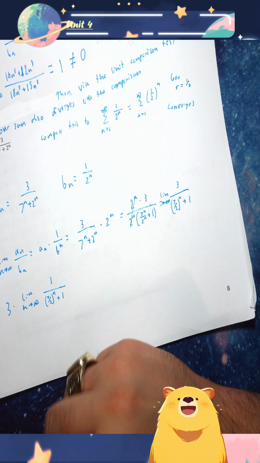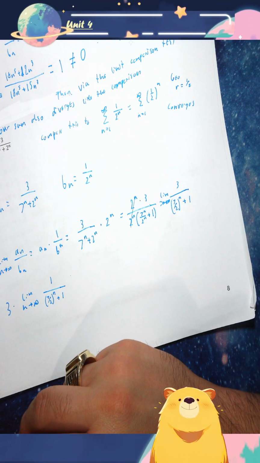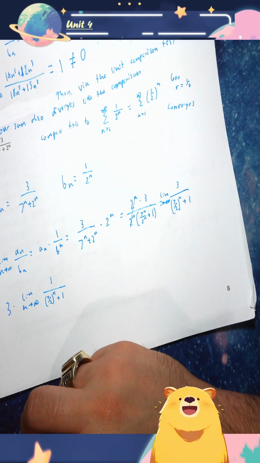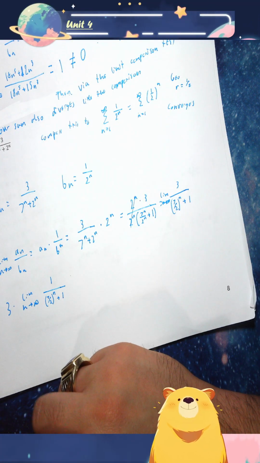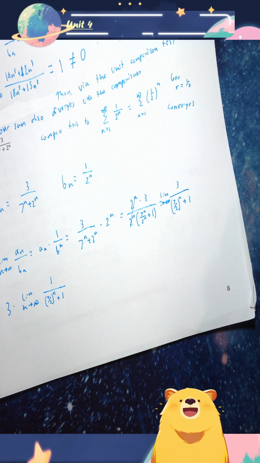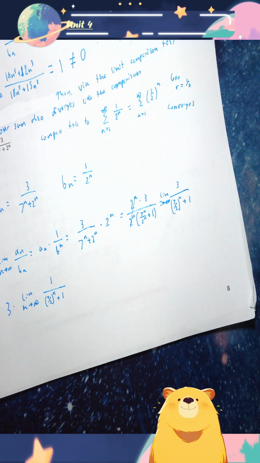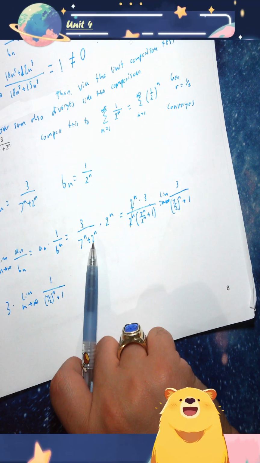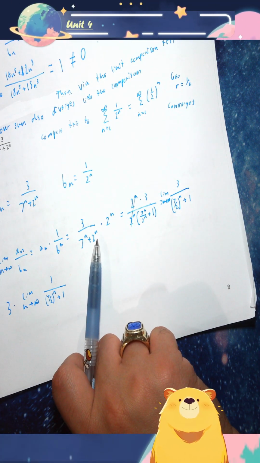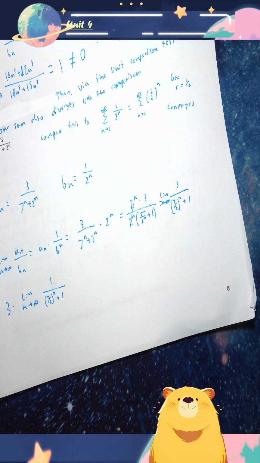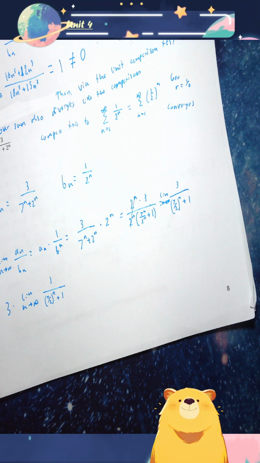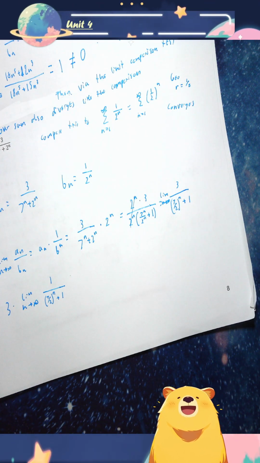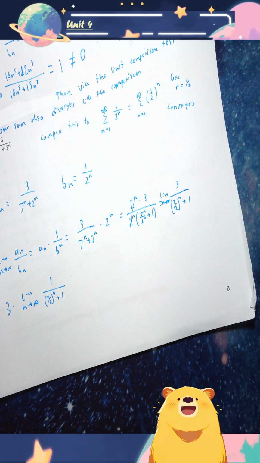So I'm trying to see what else there is to do. Because the 3 escapes, that's fine. Did I divide by this right? I did. 2^n, 2^n, just out, so 2.